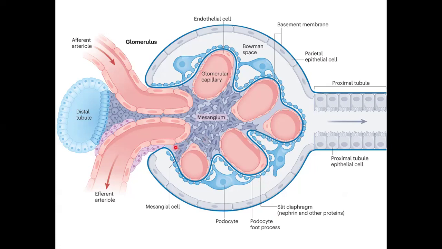Before I leave this part, I want to turn your attention to this type of cells found here. These are called the juxtaglomerular cells. These are JG cells. These cells are important for production of renin. So renin is an enzyme that converts angiotensinogen to angiotensin 1.